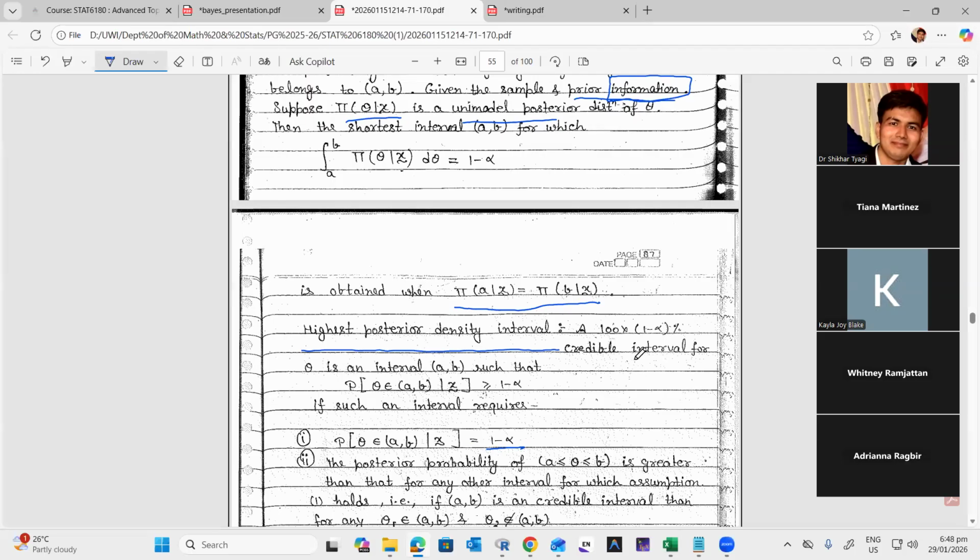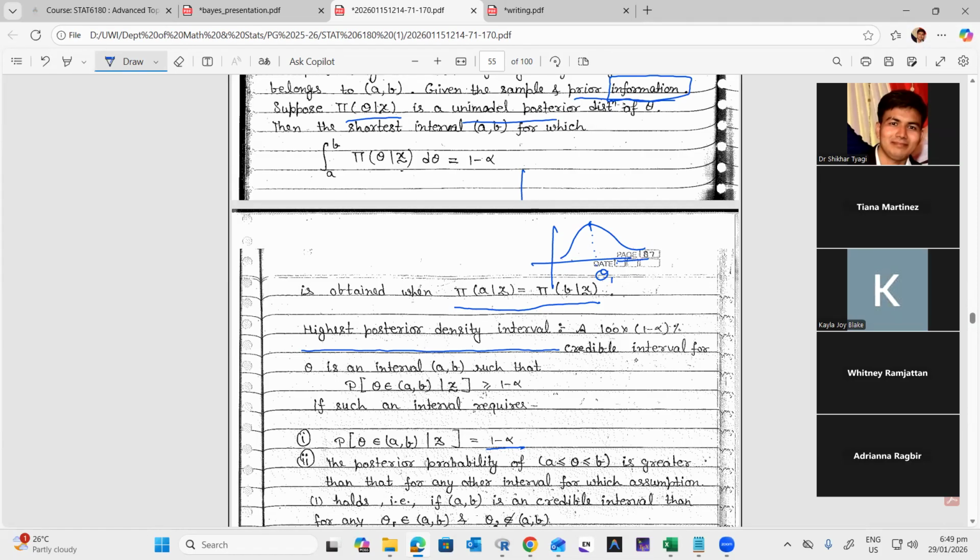See, if your posterior density is unimodal, suppose it is a normal distribution, you will have the highest probability at one place only. With respect to this highest probability, you will get only one value of theta, say theta 1.